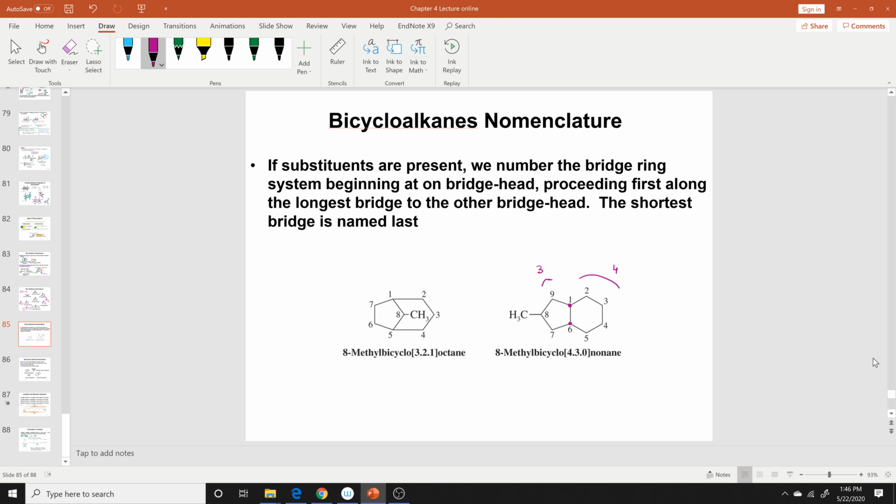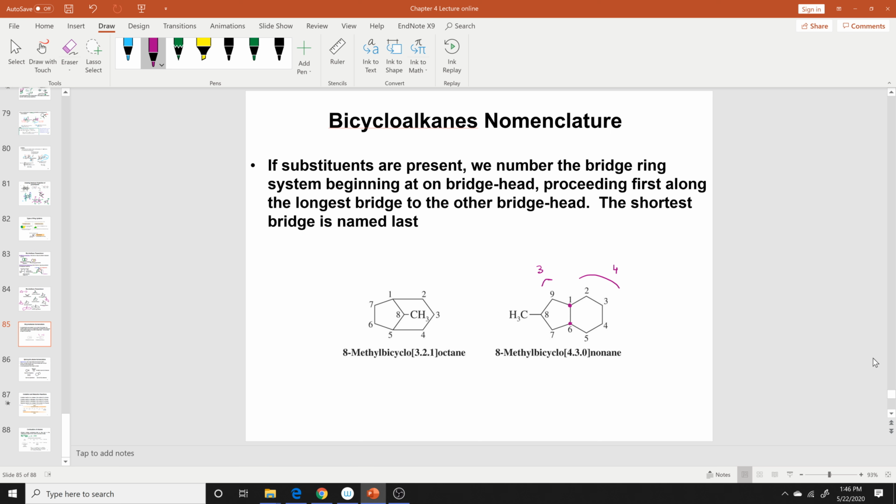So let's say if I have a substituent in here, then in this case I need to start carbon 1 here and go 1, 2 to give that substituent the lowest number. So that is going to be 1, 2, 3, 4, 5, 6. See, I started with 1 bridge head connection and I ended up with the other. I cannot skip it.